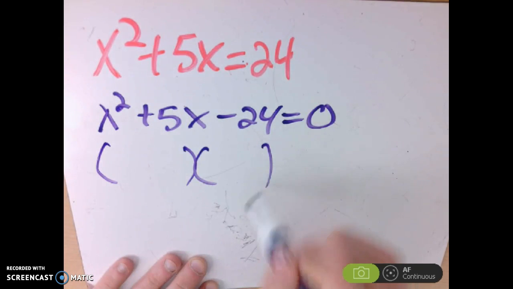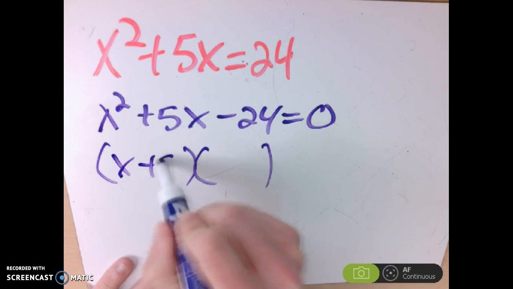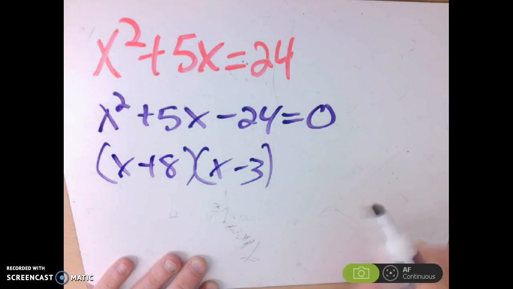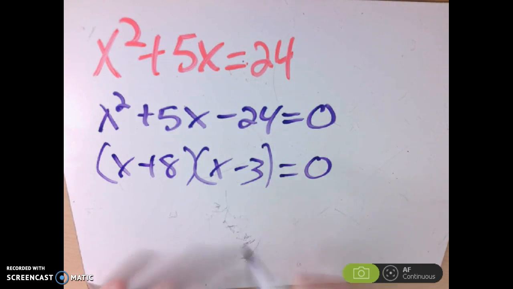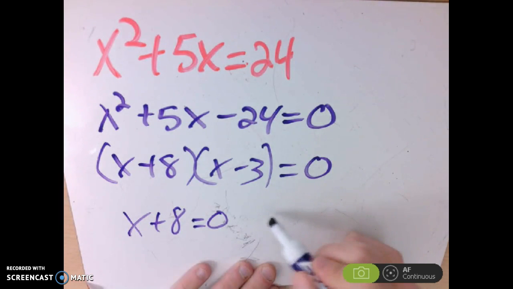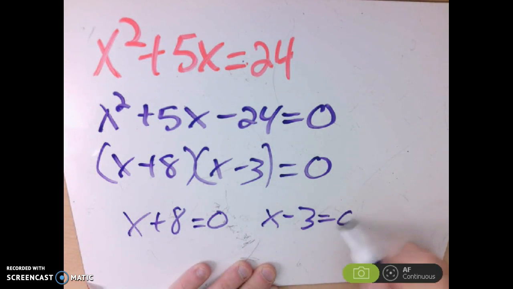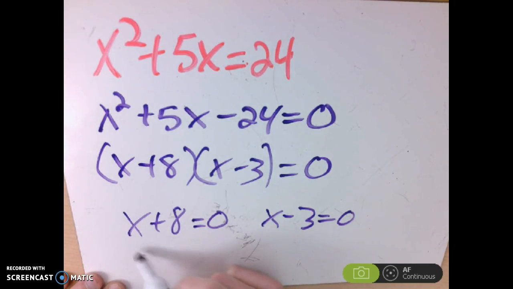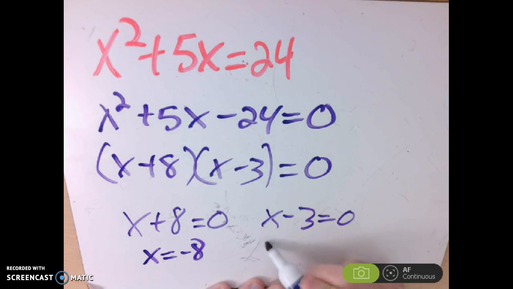Well, they're 8 and negative 3. So I have x plus 8, x minus 3 equals 0. And the zero product property tells us that for two things to multiply to 0, one or the other has to equal 0. So x plus 8 could equal 0, or x minus 3 could equal 0. So x equals negative 8, just by subtracting 8 from both sides, or x equals 3. And those are my two answers, x equals negative 8 and x equals 3.